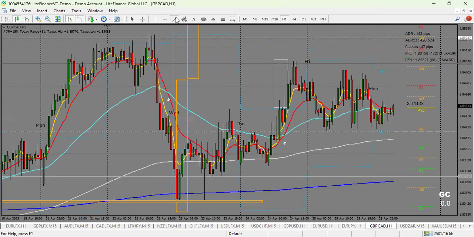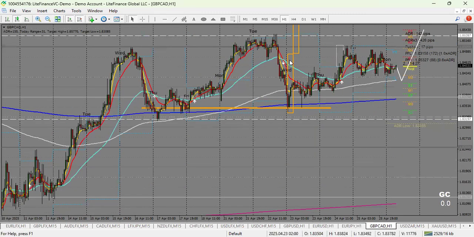So I would like for price to show a breakout before going up. I mean a breakout to that zone so that this peak reset can be highly confirmed.